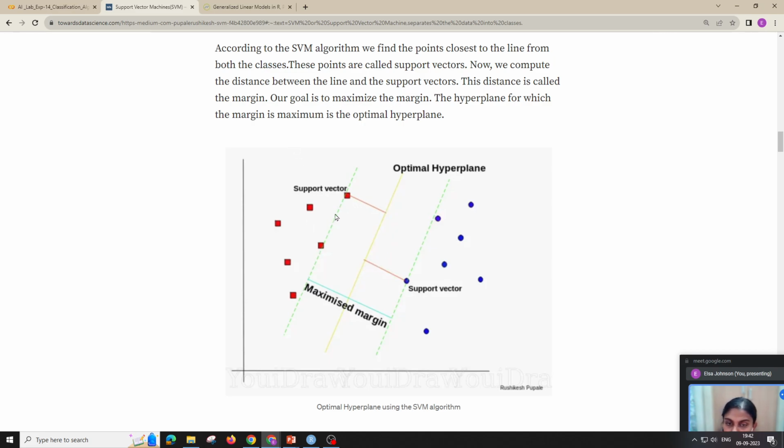Our goal in this classifier is to maximize the margin. The margin is formed with the points closest to the optimal hyperplane. Here in this case it is this one, and in the other class it is this one. We try to maximize this margin, and whichever hyperplane gives the maximum margin is taken as the optimal hyperplane.